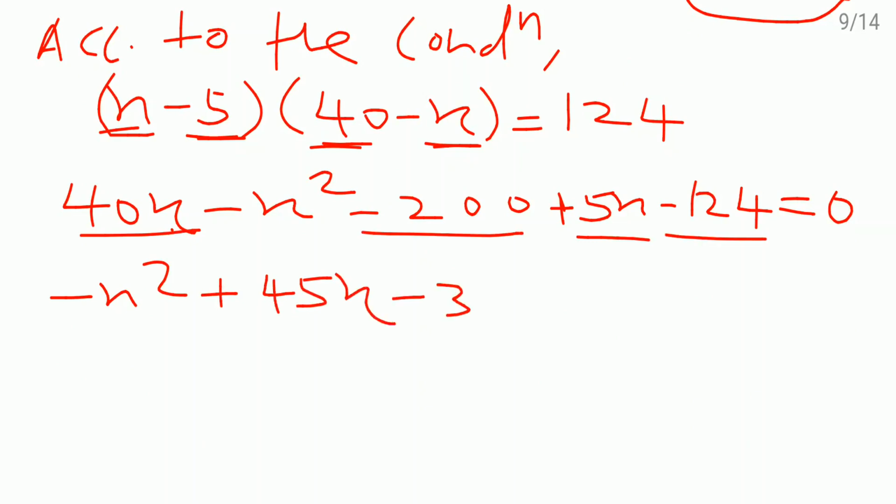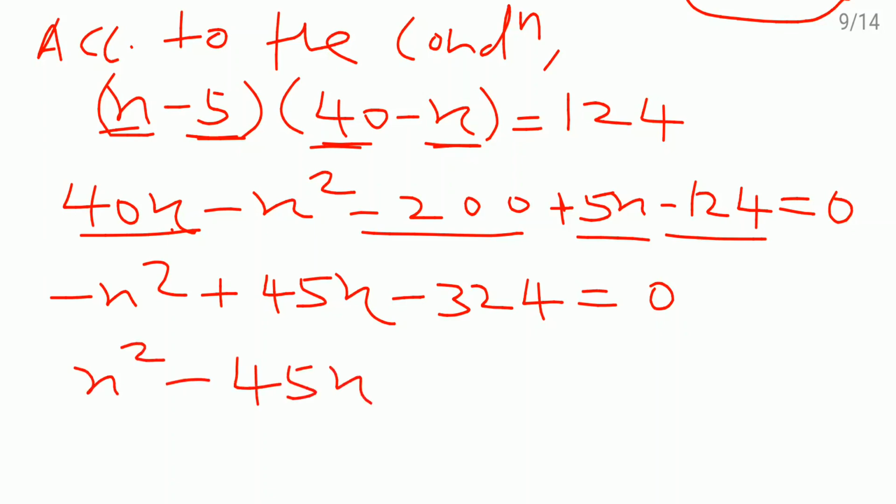It is minus 324, which is equal to 0. For the whole equation, if you multiply by minus 1, the signs of each term will get changed. Or directly we can change the sign. Okay, so here X square minus 45X plus 324.